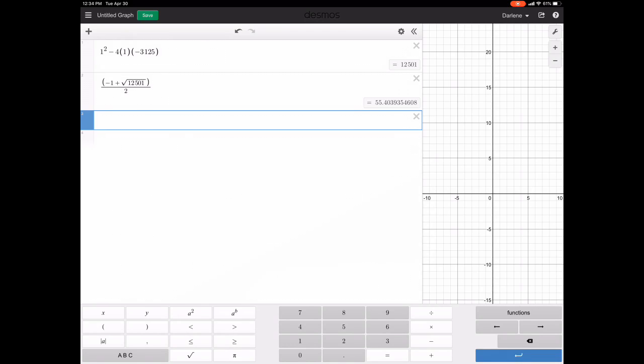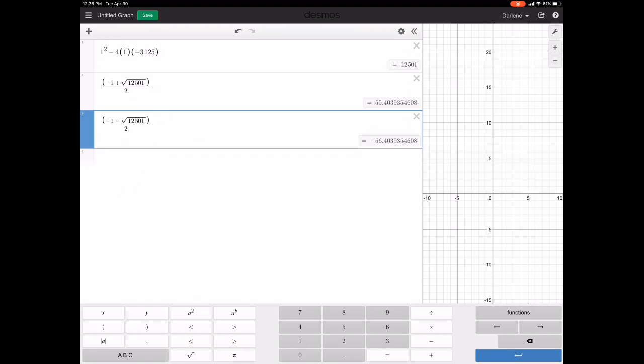So let me put in the same thing with parentheses, negative 1 minus, so now we'll do the subtraction, the square root of 12,501, close the numerator, divided by 2. I'm using Desmos here, so as I enter it, it gives me a nice little prompt of what it looks like and what I'm actually entering. So I really do like this. It's a free online calculator, and the link is in our class sites folder in the homepage of our course. Okay, back to the problem.